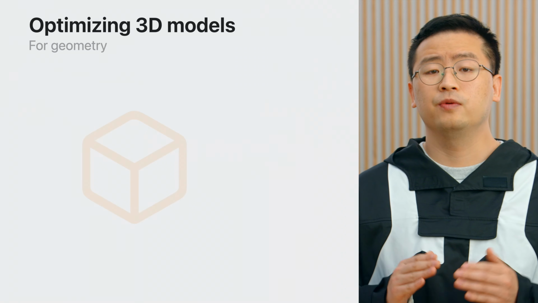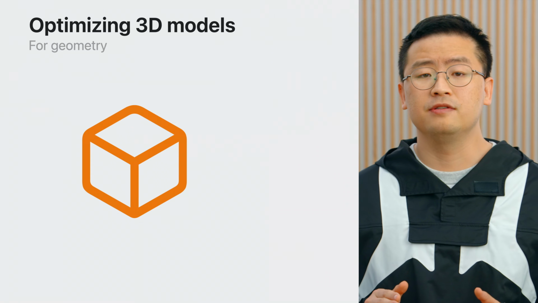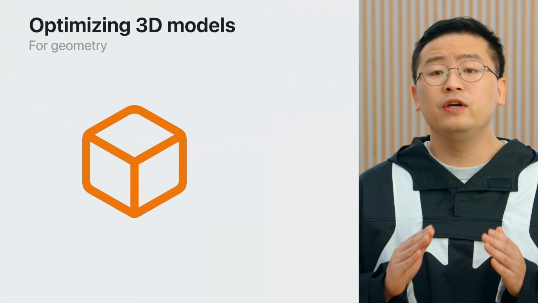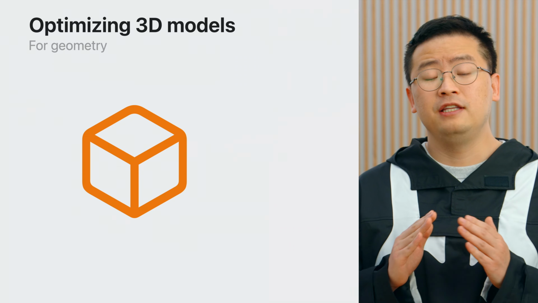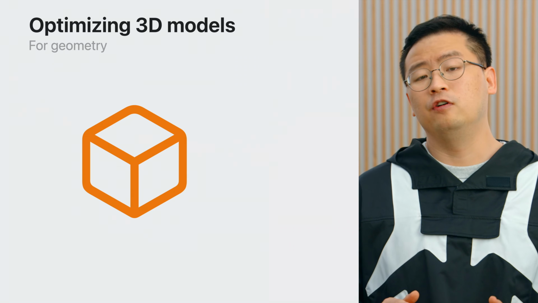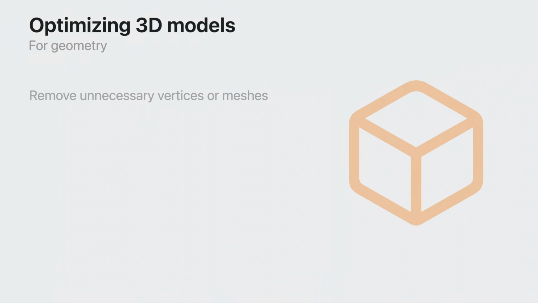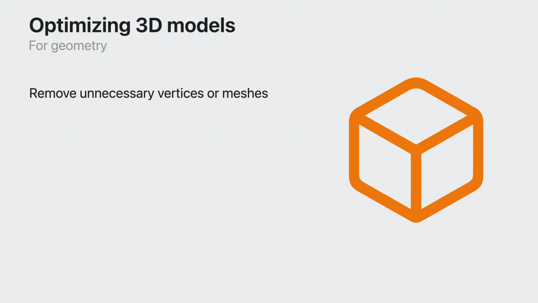Next, let's look into how to optimize your 3D content geometry for performance. Again, the trick is to find the right balance between showing a great level of detail and achieving great performance. In case your model is using parts that are hidden or fully covered by another geometry, meaning they are never shown on the screen, it's okay to remove them to save on your performance budget.